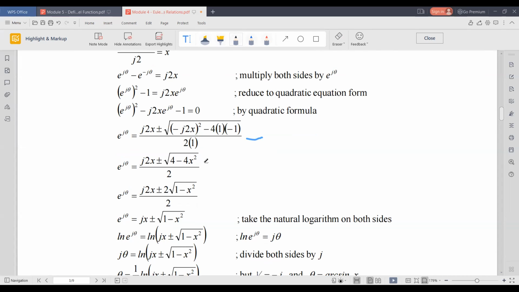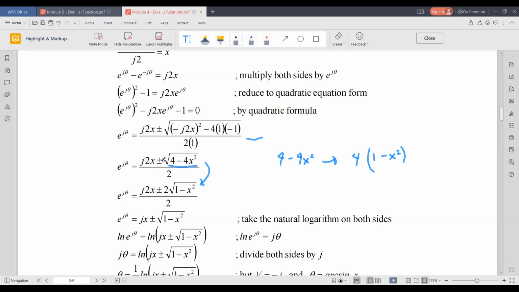So paano ba nagganito? May nagtanong, sir, bakit nagganyan? So pinactor out natin yung ito. So that is 4 minus 4x squared, di ba? Pinactor out natin to, yung 4. So nilabas natin, you can have 1 minus x squared. Tama.